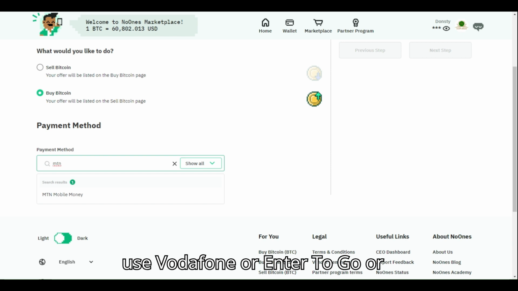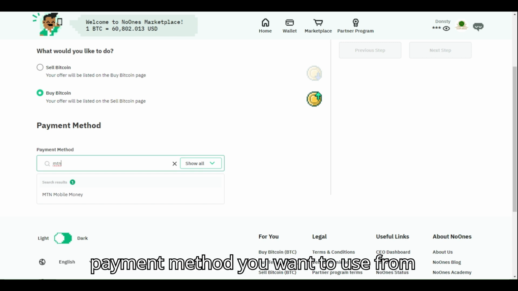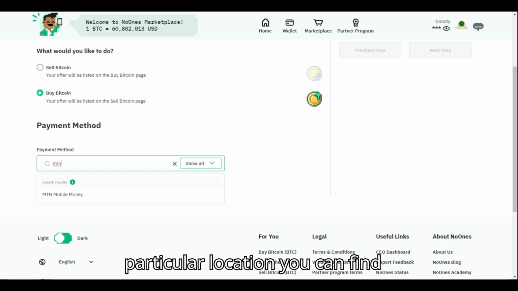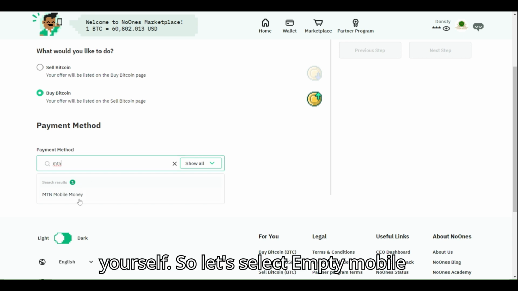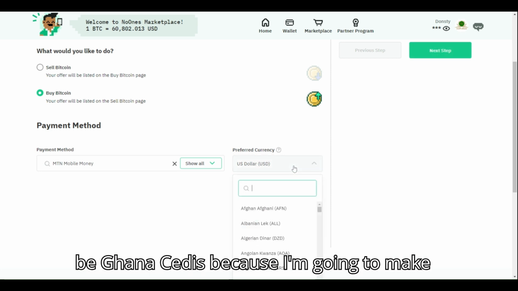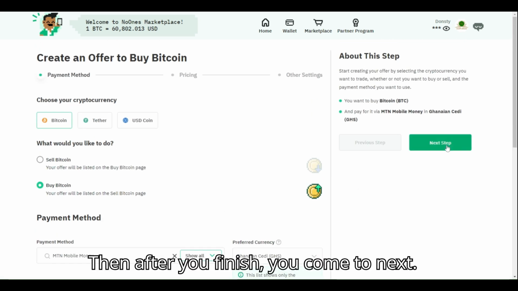You can also use Vodafone or Airtel, or bank transfer, or any other payment method you want to use from your particular country or location. So let's select MTN mobile money. My preferred currency will be Ghana cedis, because I'm going to make payment in Ghana cedis. Then after you finish, you come to next.